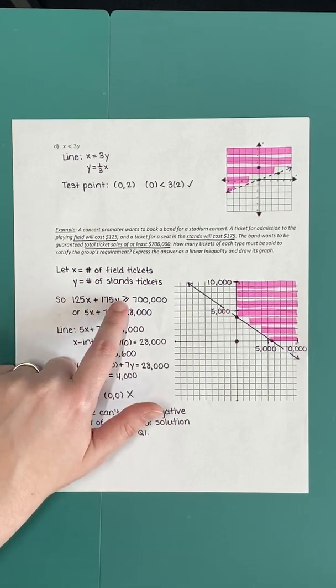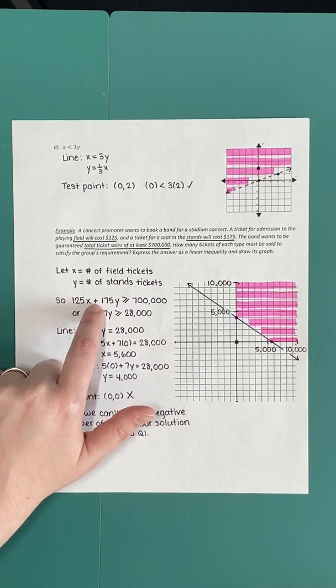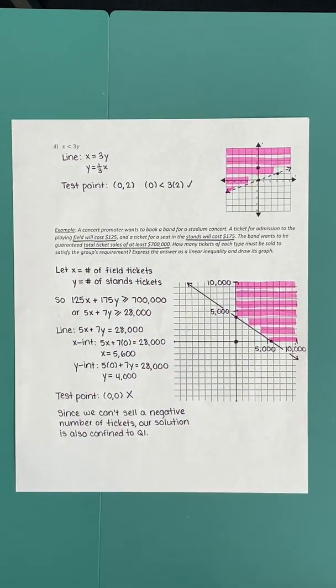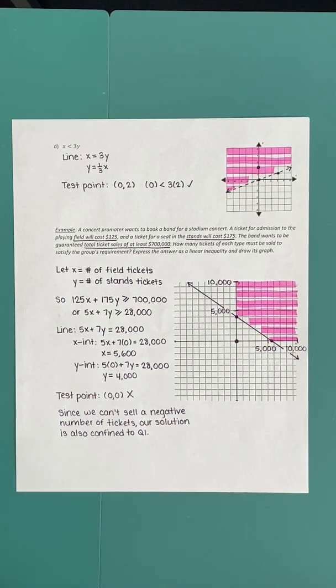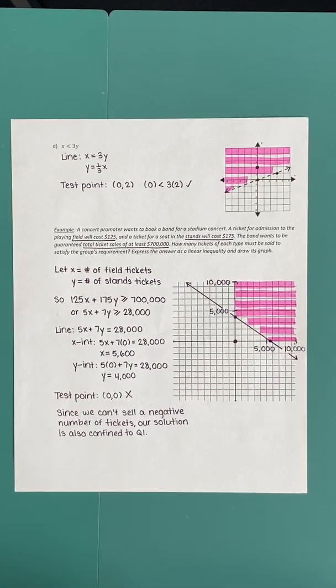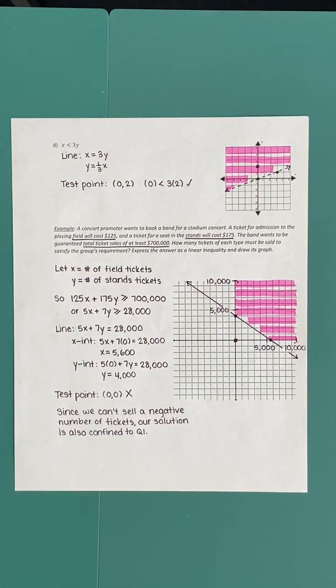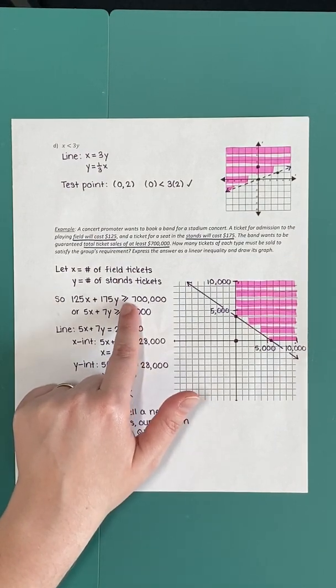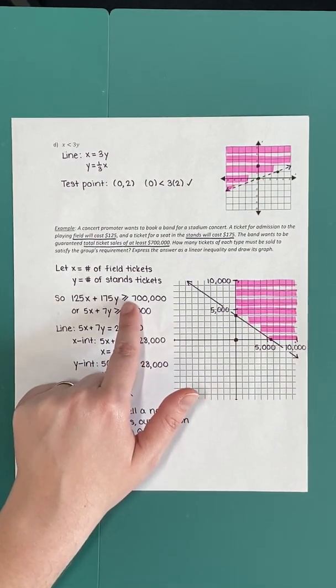So if we add those two components of sales together, then somehow that has to be related to the total in question, which is 700,000. But it doesn't necessarily have to be equal to 700,000. It could be, that's allowed. At least means 700,000 would be okay, but certainly selling more than that would be okay as well. That tells us that the correct inequality sign has to be greater than or equal to.